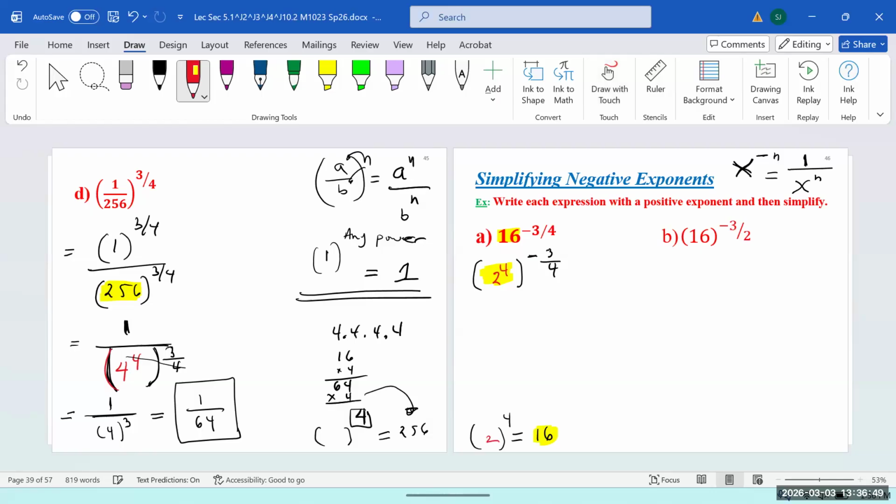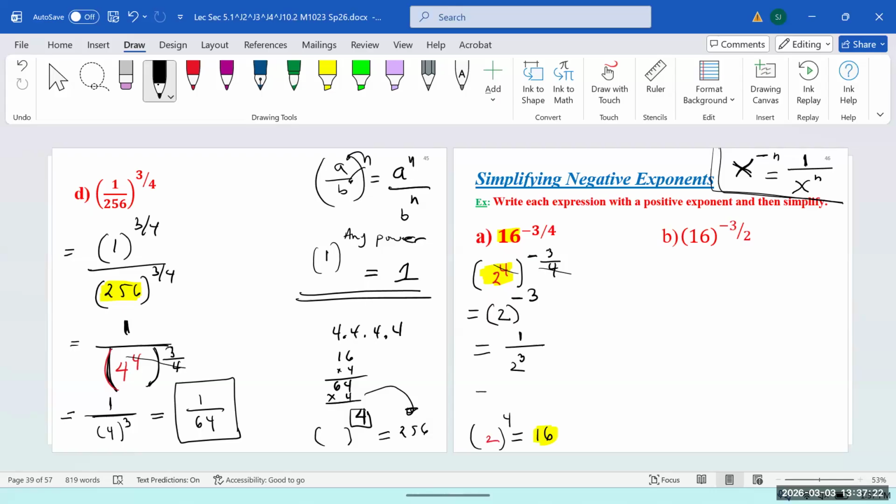So 2 to the 4 you rewrite as 16. And then what happens? The power cancels out the denominator. We have 2 in the parentheses and negative 3 as the power. Now applying this power rule, what does it become? 1 over 2 to the 3rd.